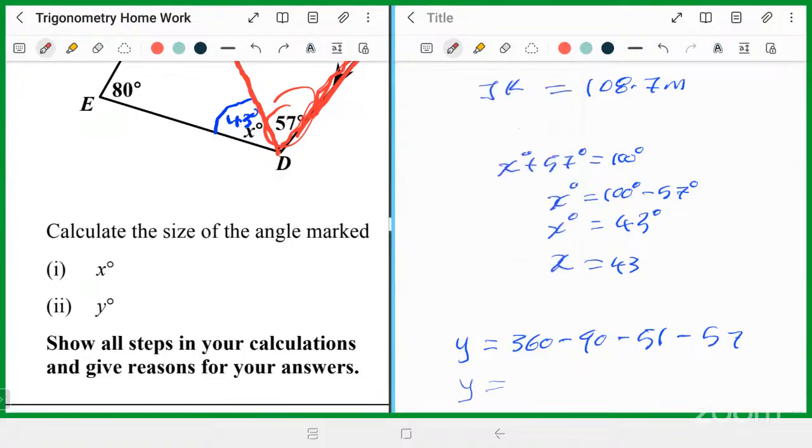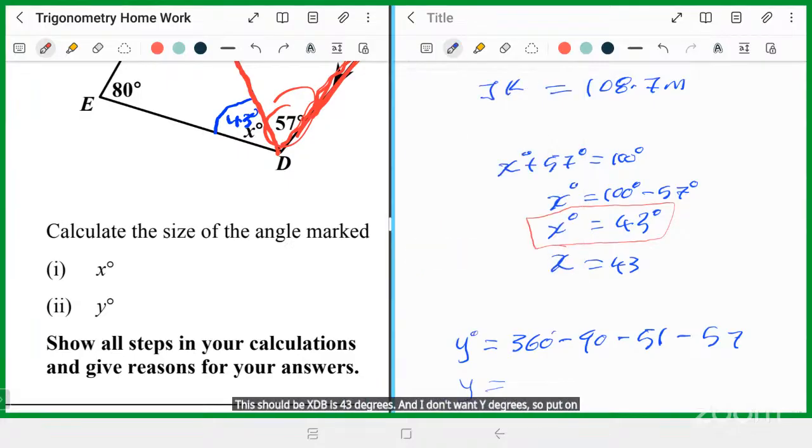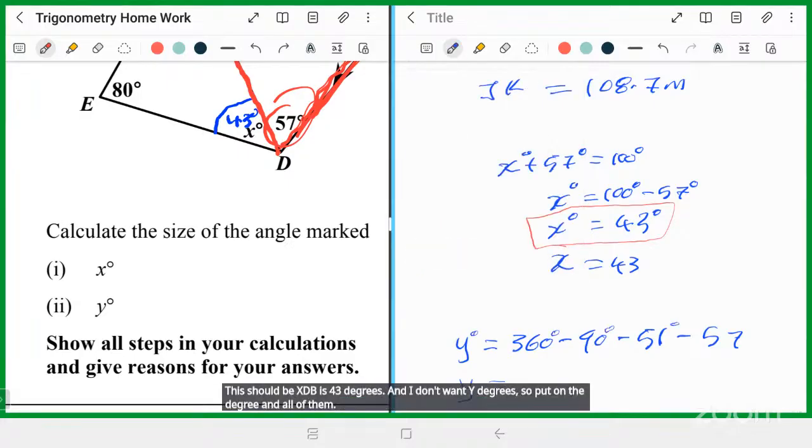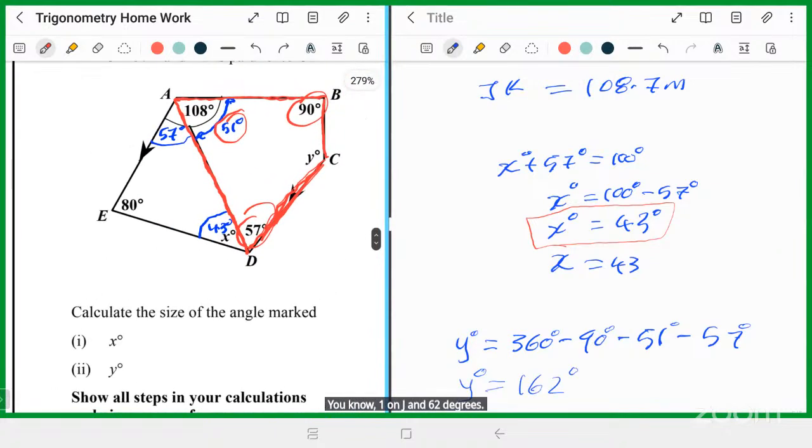This should be x degrees, 43 degrees. And write that out. Y is 162 degrees.